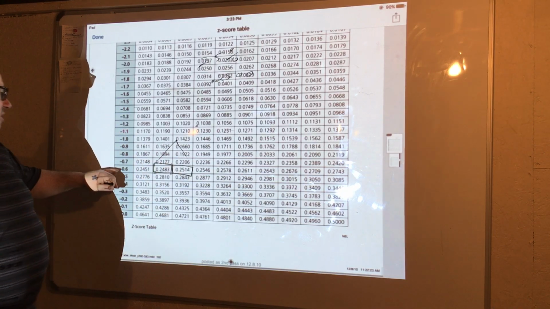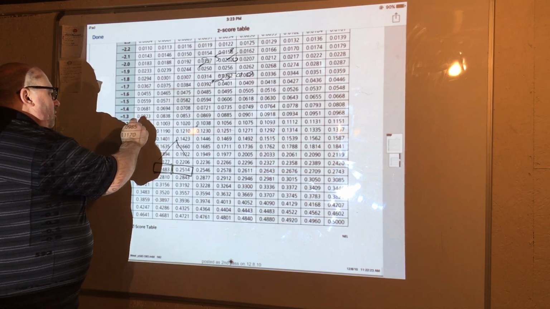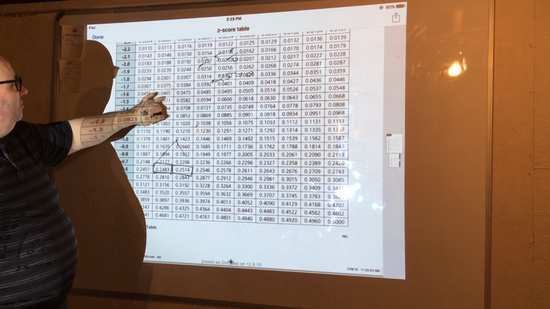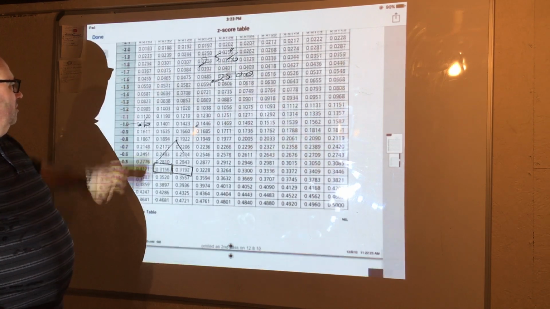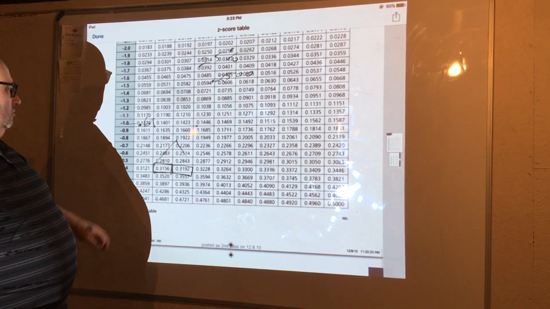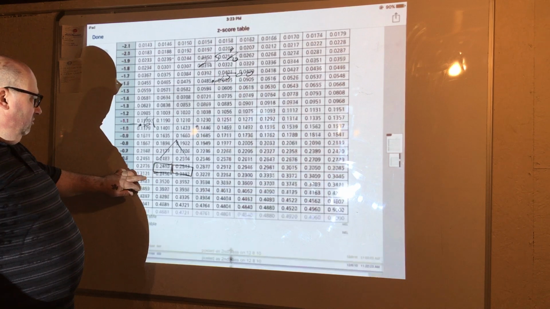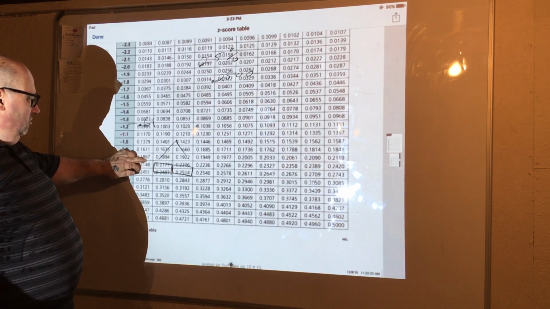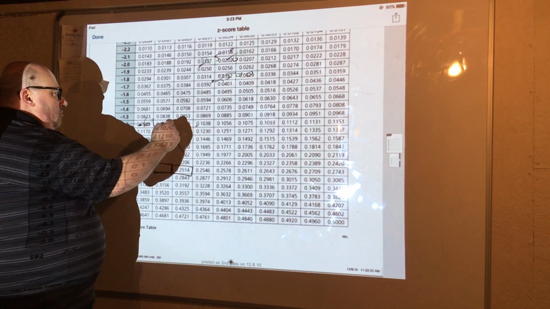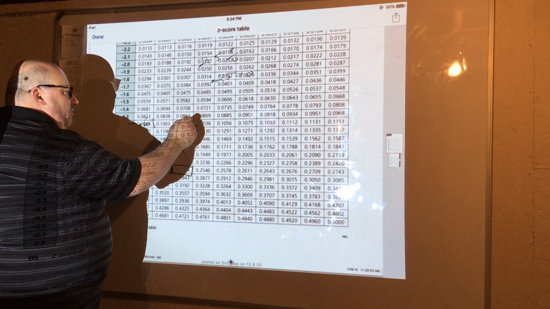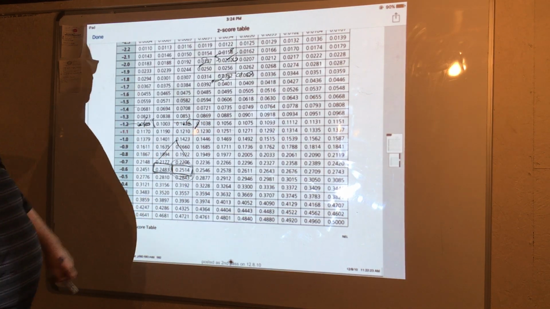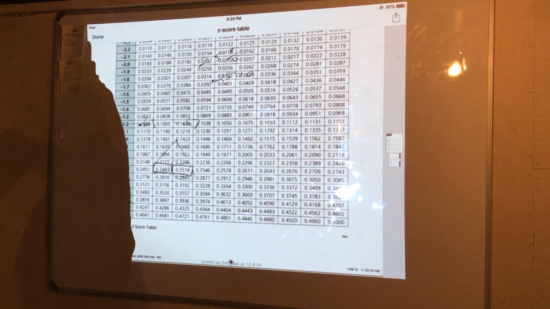Well, that's negative 0.68, and negative 0.67 will be our 0.2514.